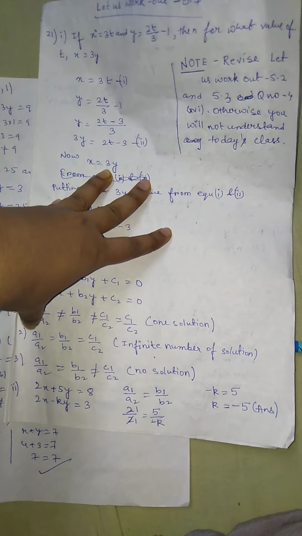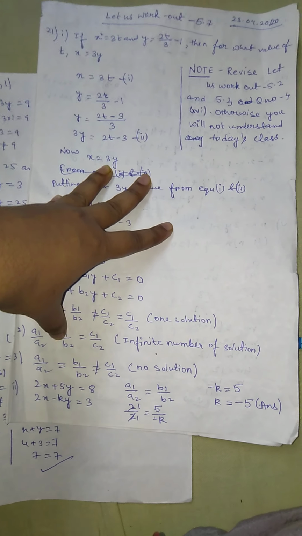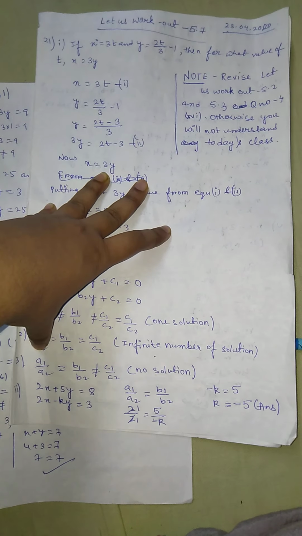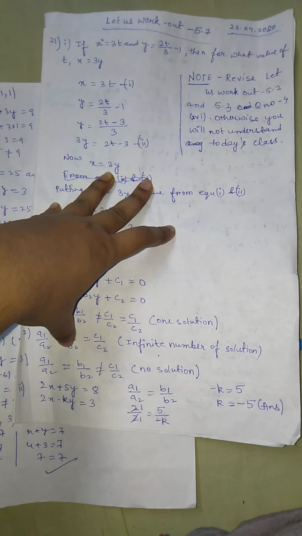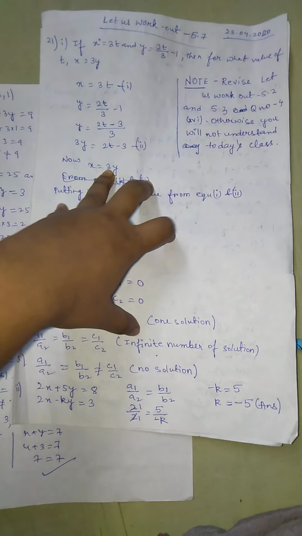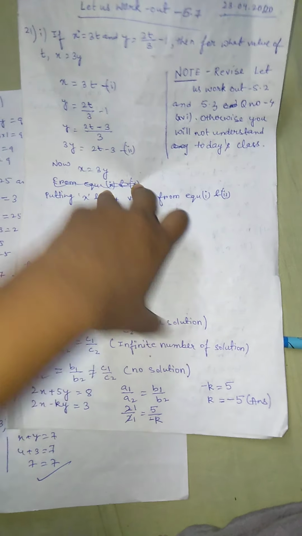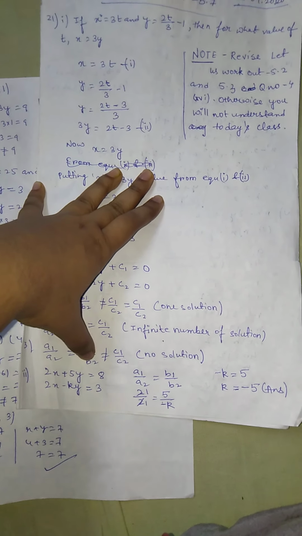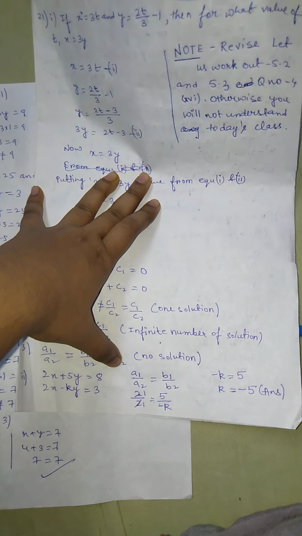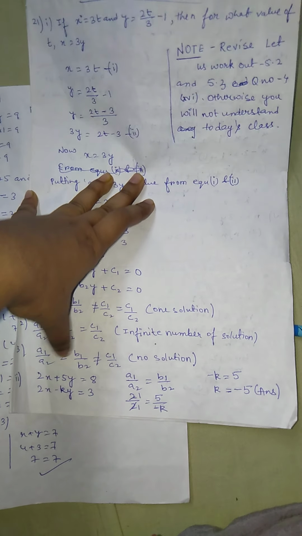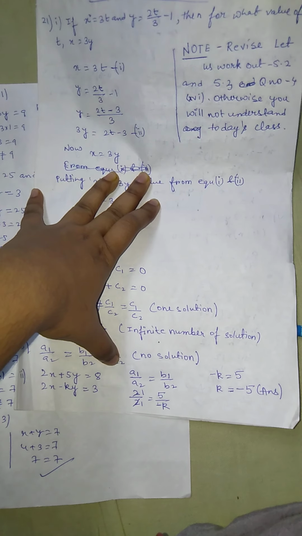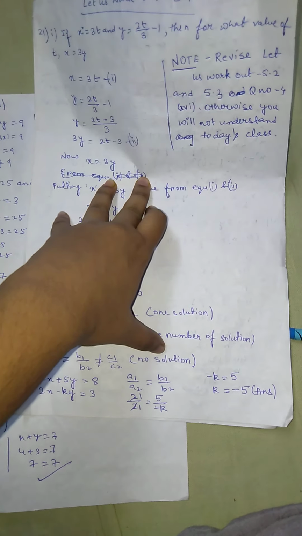Now case 2, a1 by a2 equals b1 by b2 equals c1 by c2, it means infinite number of solutions. And case 3, if a1 by a2 equals b1 by b2 but does not equal c1 by c2, then you will say that no solution.